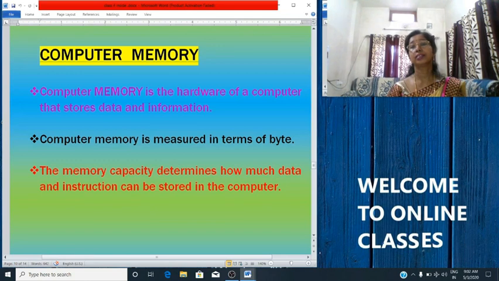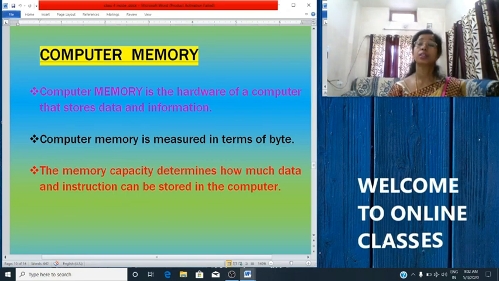Children, you all know that a human brain has memory, isn't it? To store information and remember things, you all have a memory. Same way, a computer system also has its memory, where it stores data and instructions for processing.